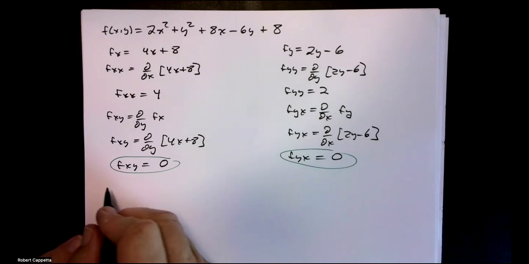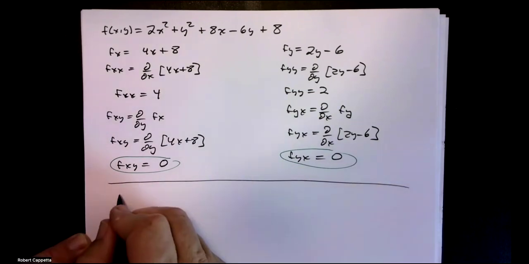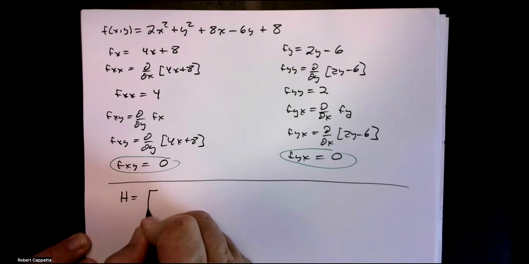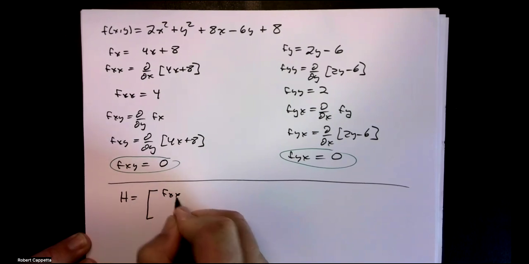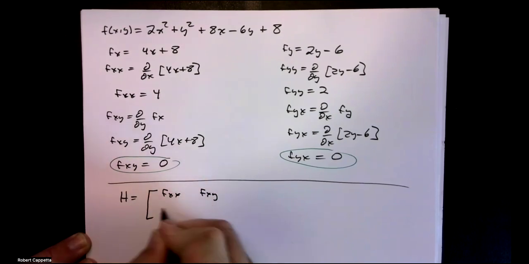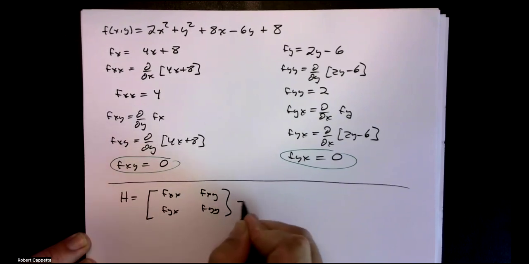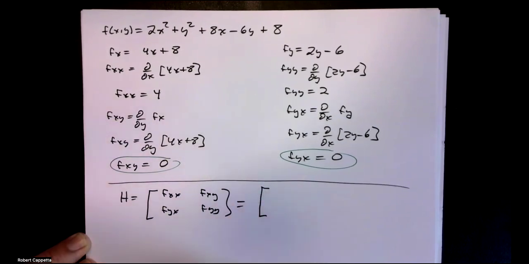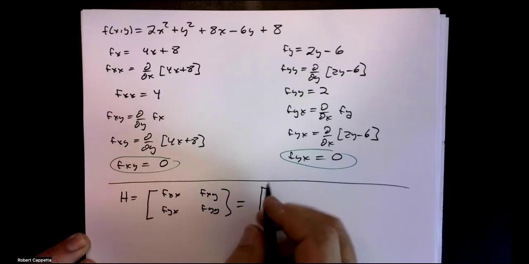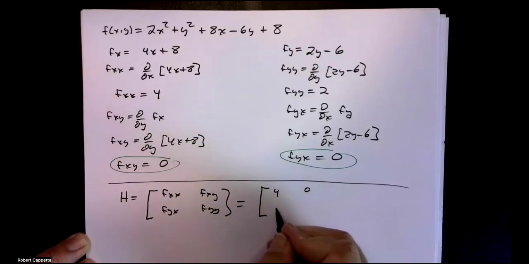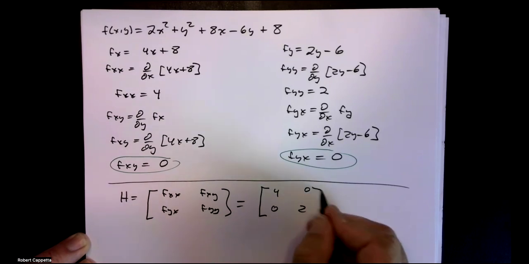Now, from these second derivatives, we're going to build our Hessian matrix. What is that Hessian matrix? fxx, fxy, fyx, fyy. So plugging in those numbers, we get fxx is 4, then 0, then 0, then 2.